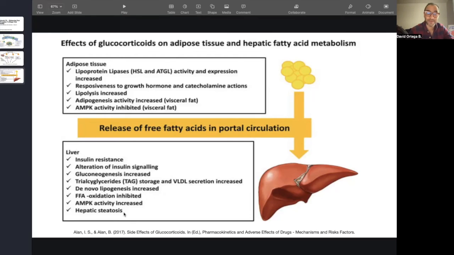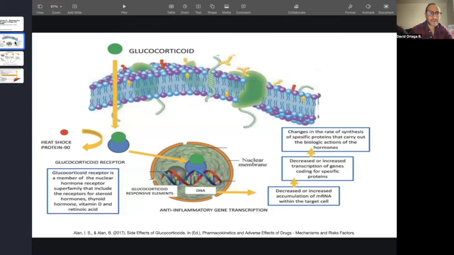Fatty liver in the surroundings of your liver is going to increase the damage of your liver. And what happens in terms of the sequences?